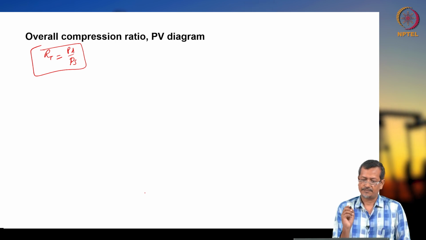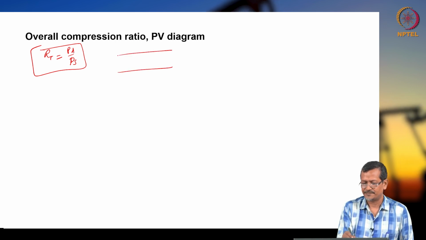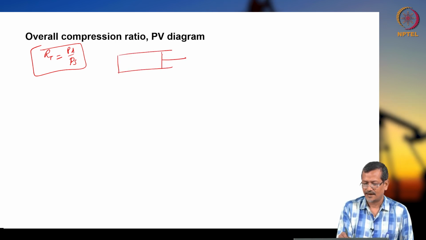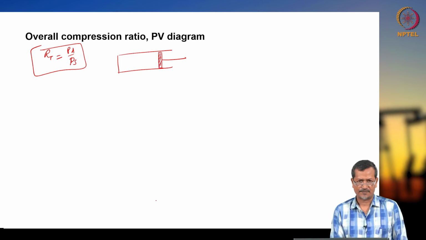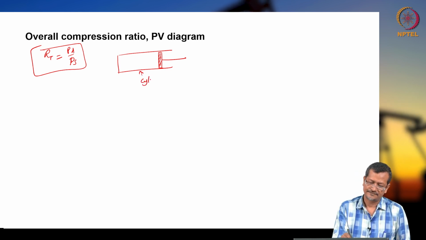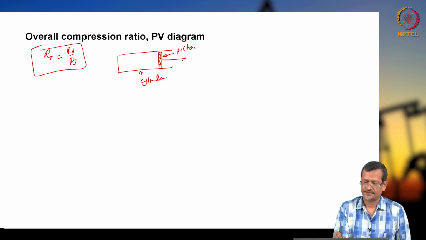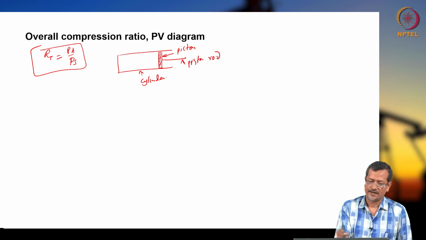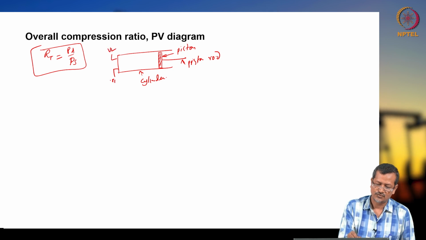Okay, now the PV diagram. In the pumping system you have seen we have a cylinder and we have a piston. In the oil and gas industry, like the sucker pump, you use the term plunger. Same way I am drawing the pump: this is the plunger or piston, this is the piston rod, and there will be a valve system, V1 maybe, V2 maybe.